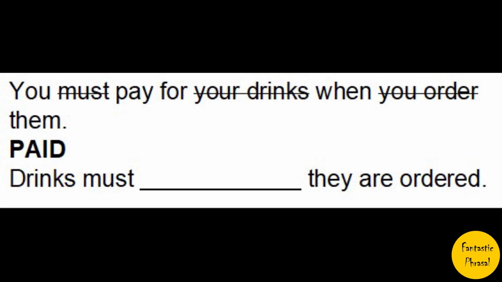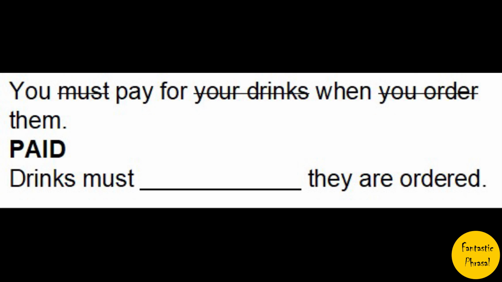This suggests that we are going to transfer an active verb to a passive verb. If we cross out the information which is common to both sentences, we are left with you, pay for, and when. We have already deduced that we are going to use a passive verb in the second sentence, and the key word is paid, a past participle. To make the verb passive, we need to use the verb to be with a past participle.